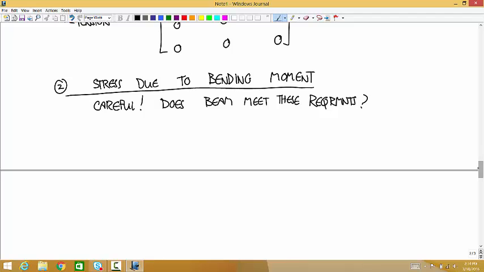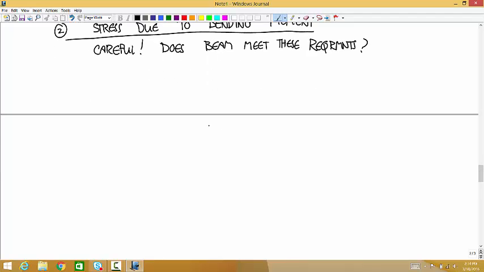Okay, so here are the requirements. Here's the column of examples of things we can do the calculations for, and here's the ones we can't do. The first requirement is the beam has to be straight or close to straight.